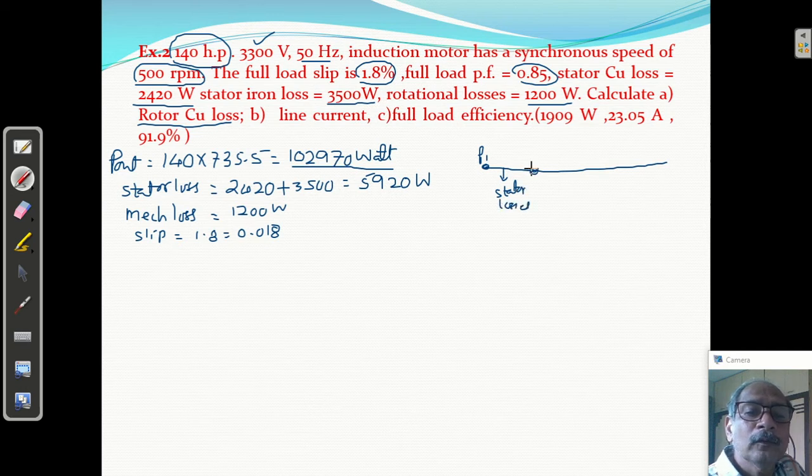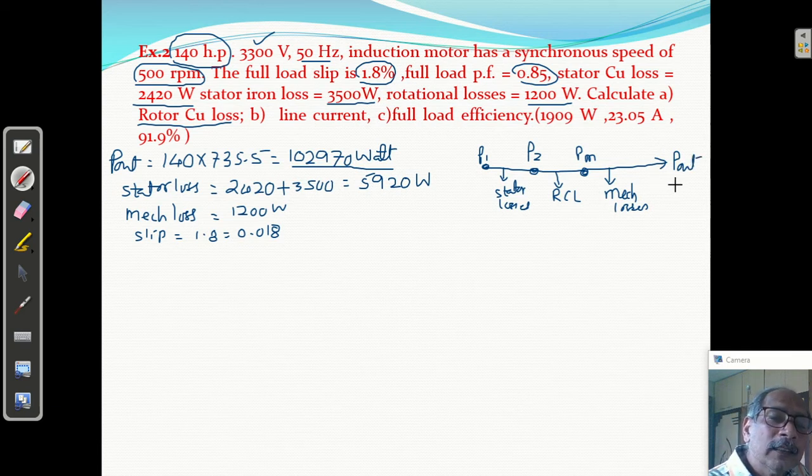You will get P2, that is the stator output, you can say rotor input. Then rotor copper loss. PM is what? Rotor output. इसमें mechanical losses is there. You will get P out. So if you go from here to here, we will add these losses, और यहाँ से यहाँ जाएंगे तो we will subtract the losses.